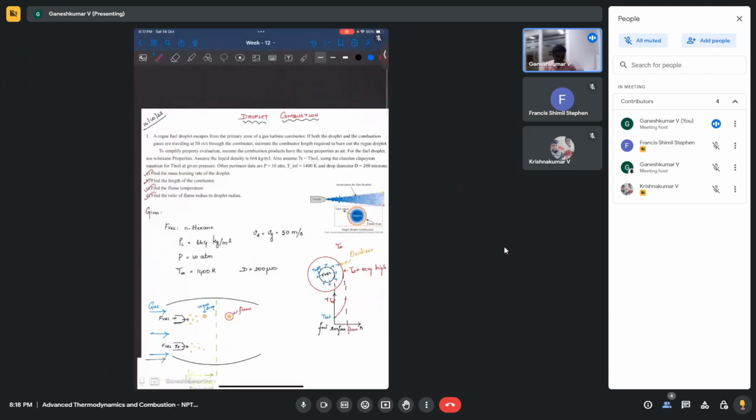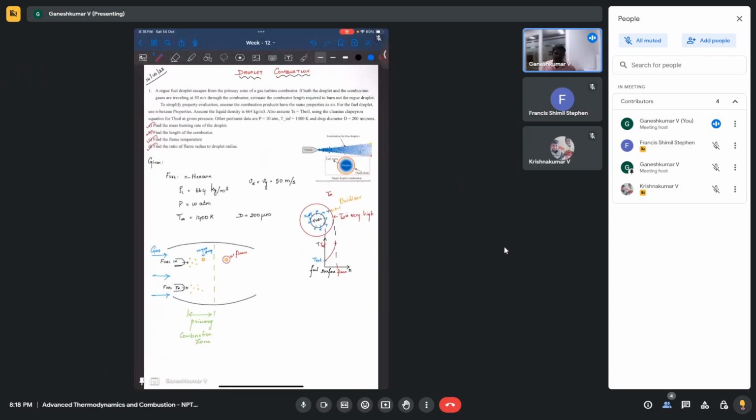Francis, you joined a little late. Maybe I will quickly recap what we did in the first question. In this question, we have a gas turbine combustor. Fuel is sprayed inside the combustor, the fuel reacts with gases, products are generated, and these gaseous products are expanded in the turbine. But there is one fuel droplet which didn't evaporate, which we called the rogue fuel droplet.